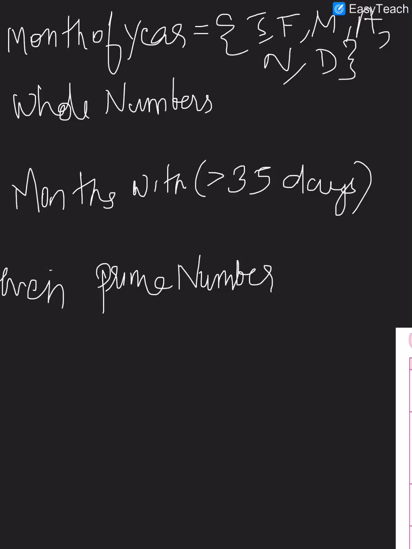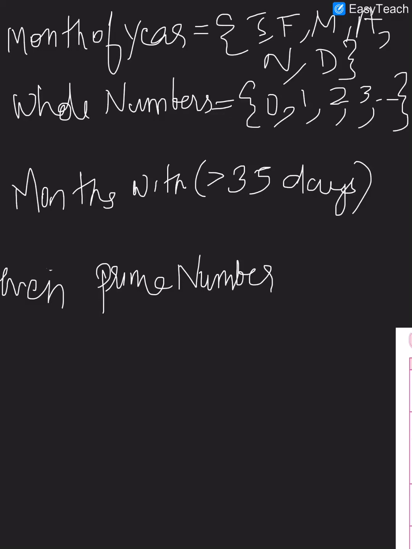How many elements? 12 months will be there. Next is the set of whole numbers. What are whole numbers? 0, 1, 2, 3, etc. You don't know the ending of whole numbers, so I am closing it here by giving dots.